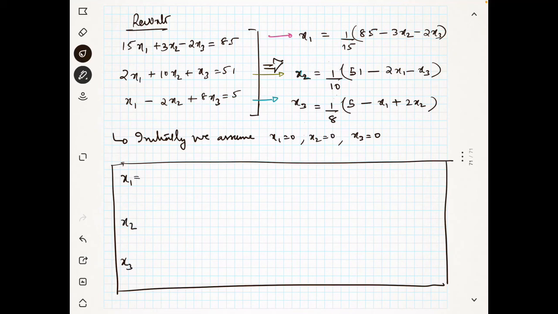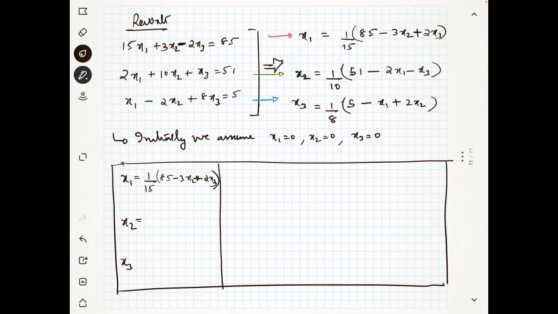I am going to write these equations. It is 1 by 15 into 85 minus 3x2, minus, is it minus or no, it's not minus. If I move this it becomes plus. So plus 2x3. Okay, this is the first.